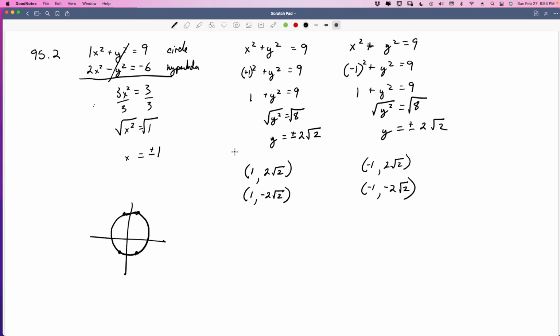And don't forget when you have the radical sign that you're going to use plus or minus. And if you do that, then that's 2 sets of points for that one value of x. And that just goes to prove also what we talked about in lesson 94, that if we have duplicate x values, we don't have a straight line. We have something else. And in this case, it's a circle.